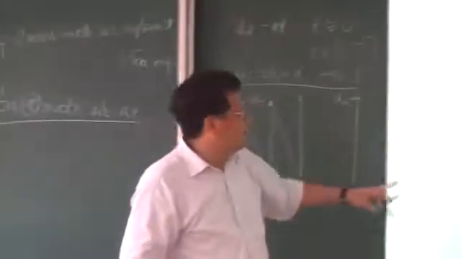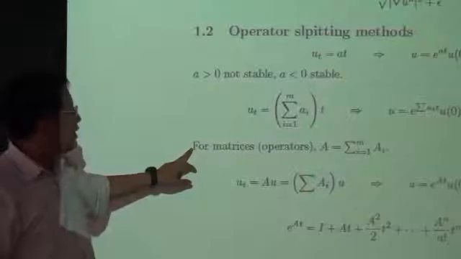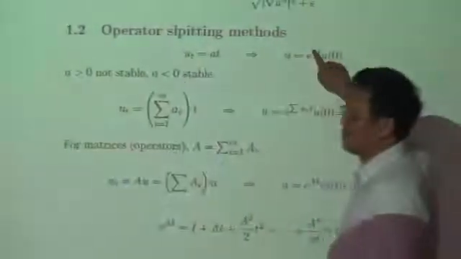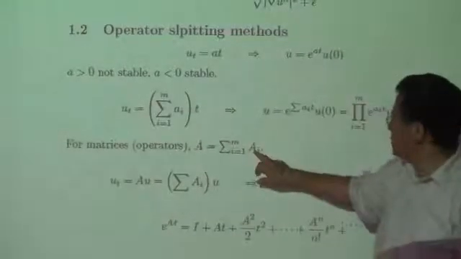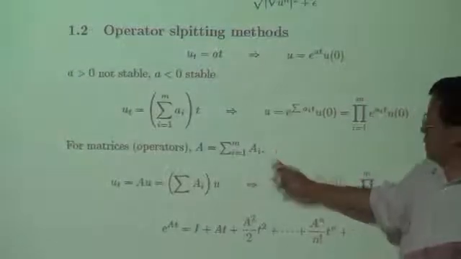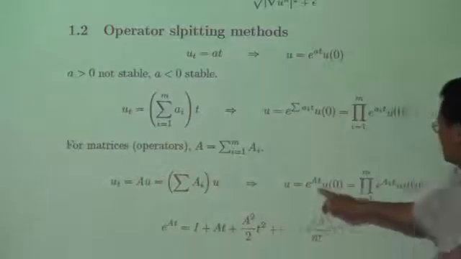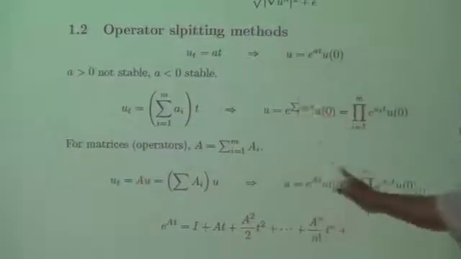But then, if A is an operator, or if A is a matrix, let's replace this by a matrix, and assume this matrix can be decomposed into the sum of m matrices. Then u_t equal to A u, and for the original problem, the solution will be this.